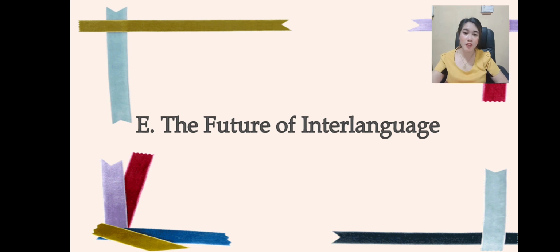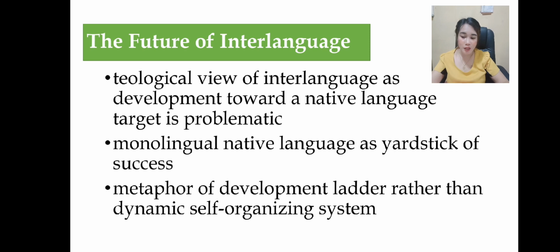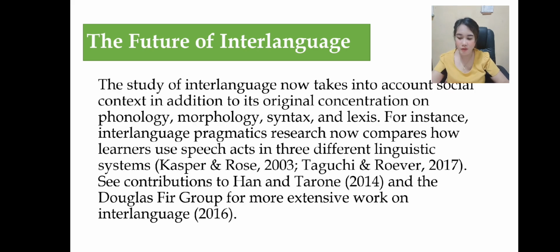For the future of interlanguage, the teleological view of interlanguage as development toward a native language target is problematic. Another one is the monolingual native language as the yardstick of success, according to Sridhar, Selinker, Cook, and Klein. And we have here the metaphor of a developmental ladder rather than a dynamic or self-organizing system, according to Freeman.